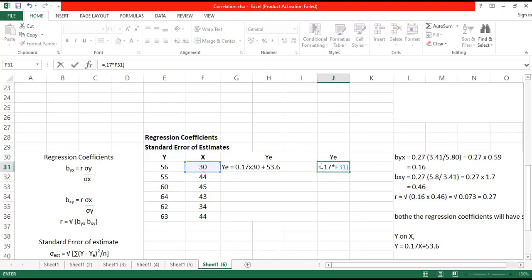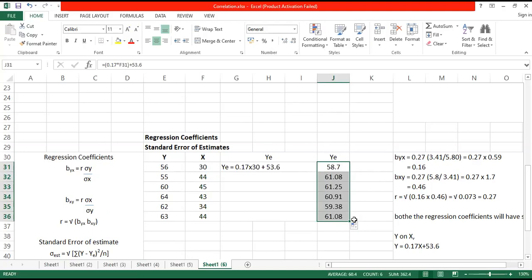Let me put this thing into a bracket, and plus 53.6. See, as per this equation which we have derived, this should be our y, right? So this is called estimated. But what is our actual? Actual is 56, right?